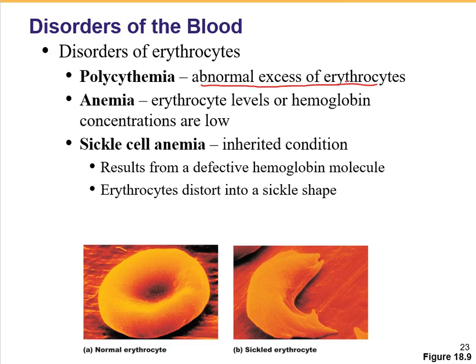The other disorder of the blood related to the erythrocyte is called anemia, which is the condition where the level of erythrocytes or hemoglobin concentration in the blood is lower than normal.